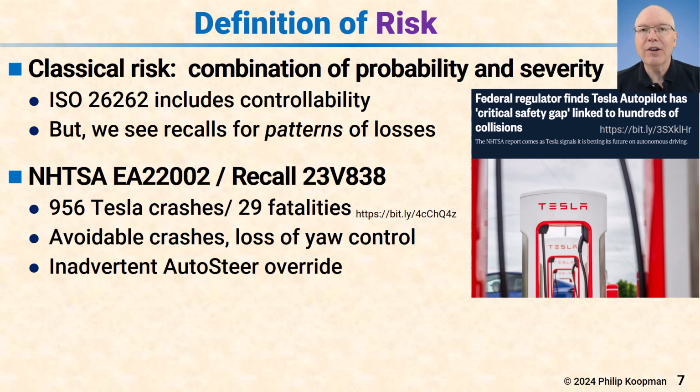That resulted in a recall. The important thing here is, even if you believe that Teslas on average are acceptably safe, the presence of these patterns of losses led to a recall.